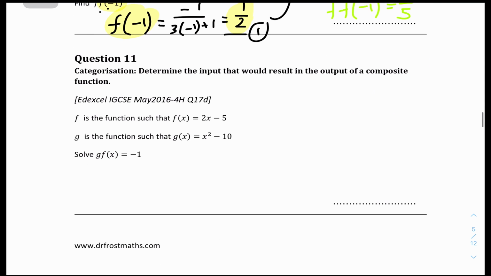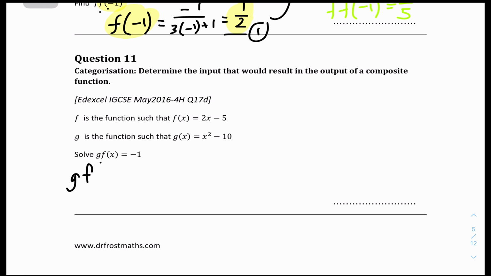Then question 11. f is a function such that f of x equals 2x minus 5, and g is a function such that g of x equals x squared minus 10. Solve g of f of x equals minus 1. In this case, we have to find the composite function of g of f of x. So let's put f of x into g of x.